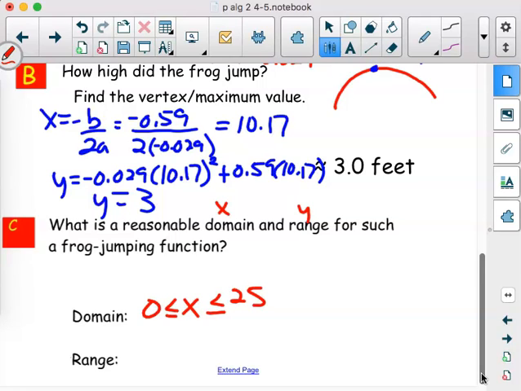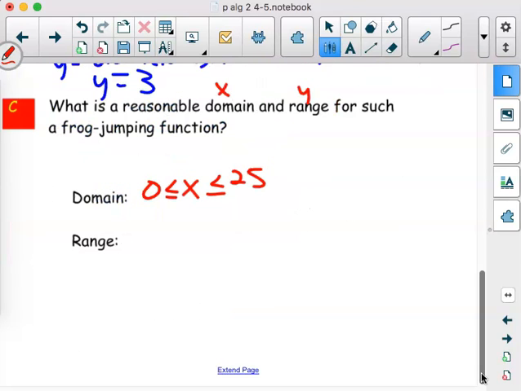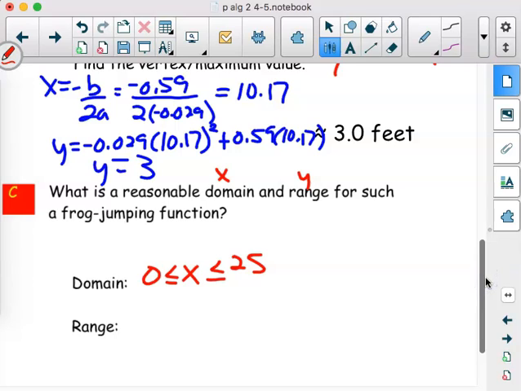That would be a good domain. We could see the curve that way. Our range, well, we just found out it can jump as high as 3 feet. So our y values, maybe we go 0 to 5. And we can see the curve.